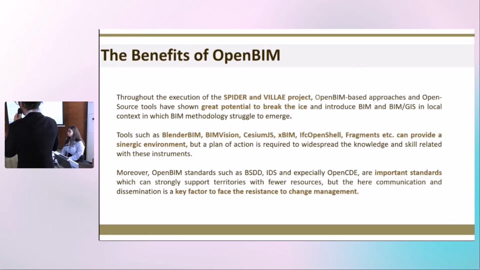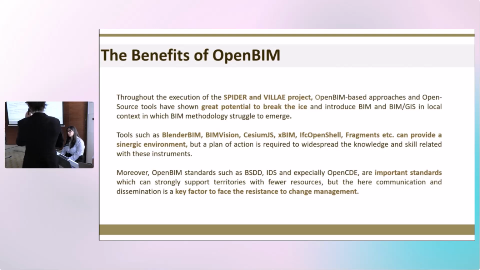So what we found out, obviously, is that openBIM is now in a golden moment, in our opinion, because we now have Blender BIM, which is now called Bonsai. We have some updates. Also IFC.js, which changed to Open Company. A lot of changes of nicknames. We have Cesium, XBIM, IFC OpenShell, the fragments, which is the format upon which IFC.js builds.